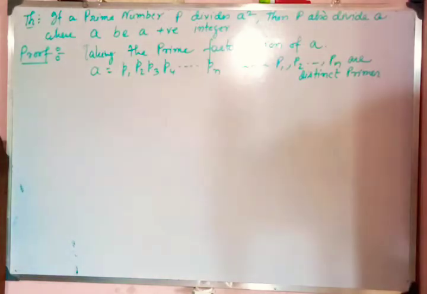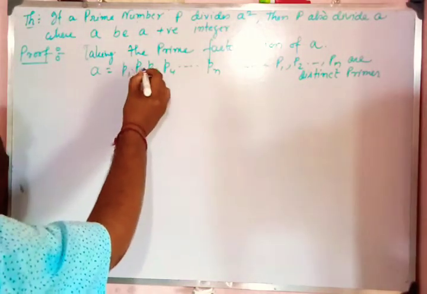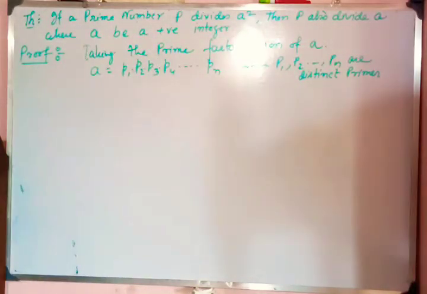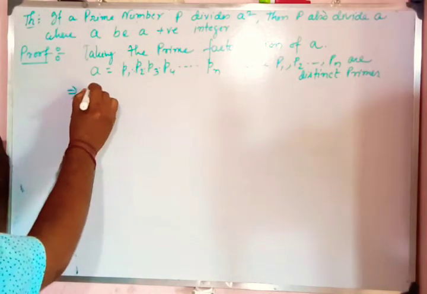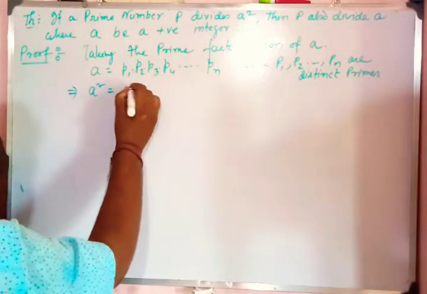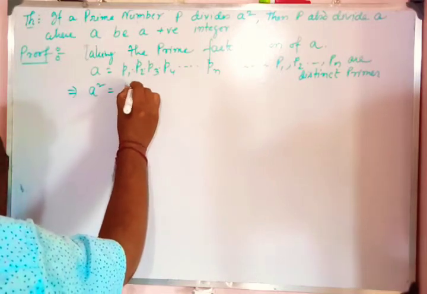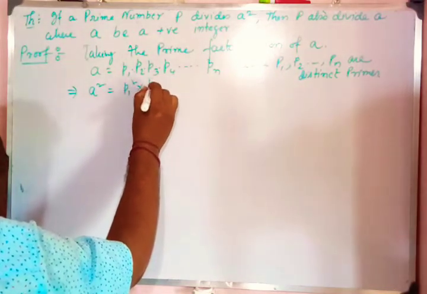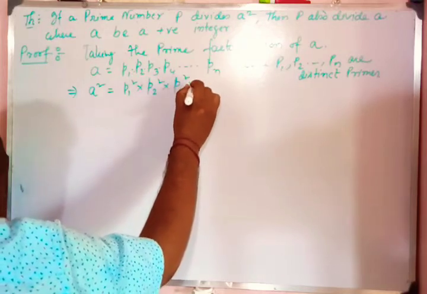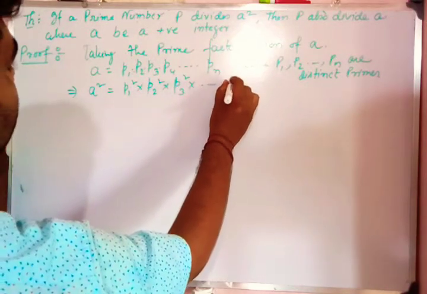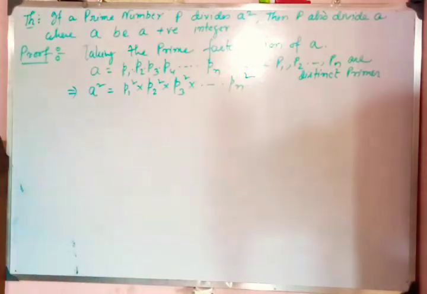These are all multiplications. Understood? That implies a square equals p1 square into p2 square into p3 square into dot dot dot pn square. Understood?